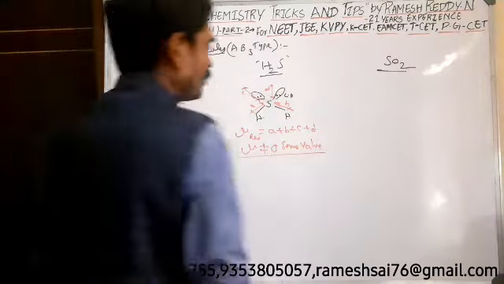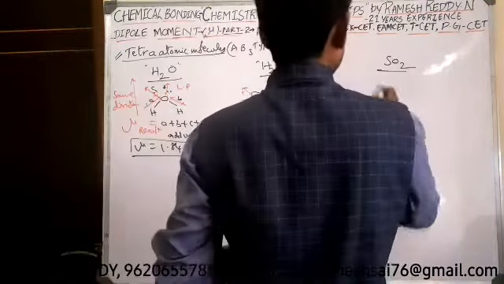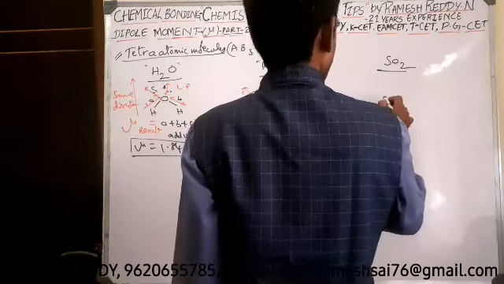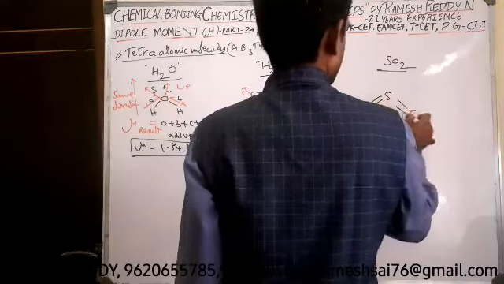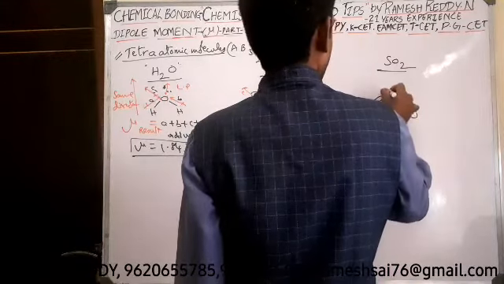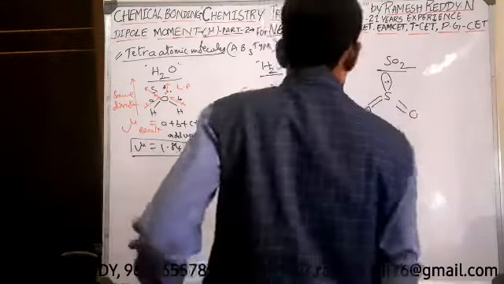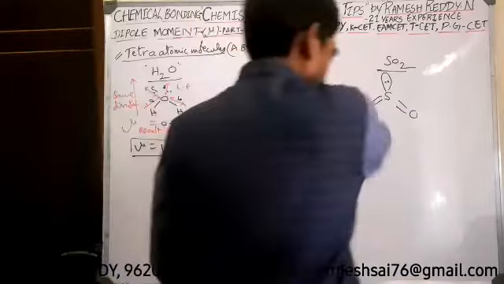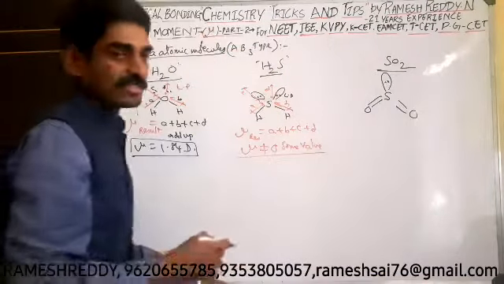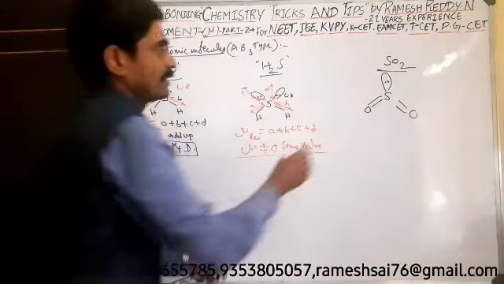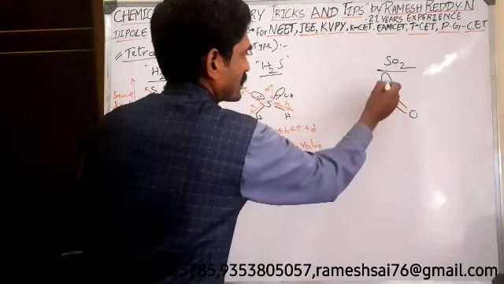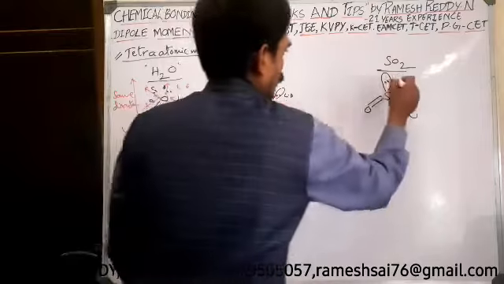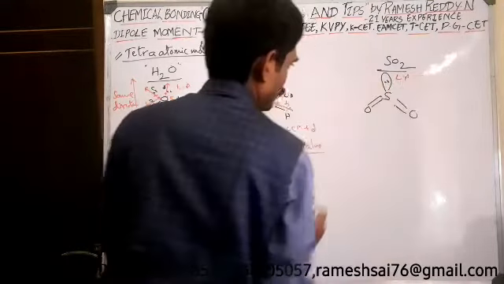Next, what about SO2? Here the central atom is sulfur, the bonded atoms are oxygen atoms, and over the sulfur one lone pair of electrons is present. Sulfur belongs to the 16th group and has 6 valence electrons. So one lone pair of electrons is present over the sulfur.